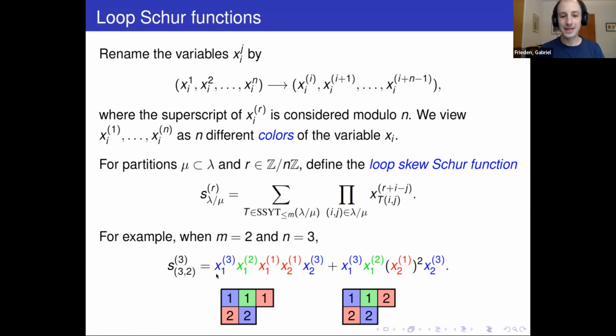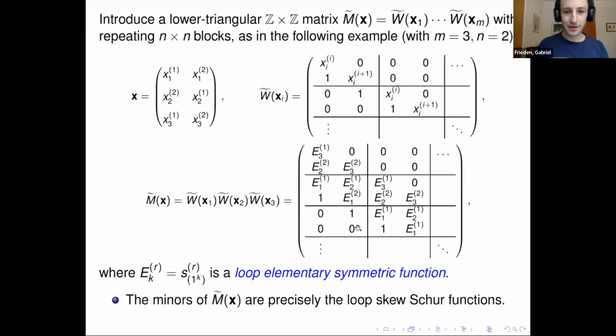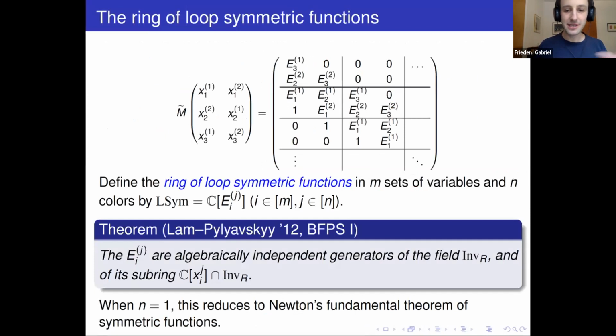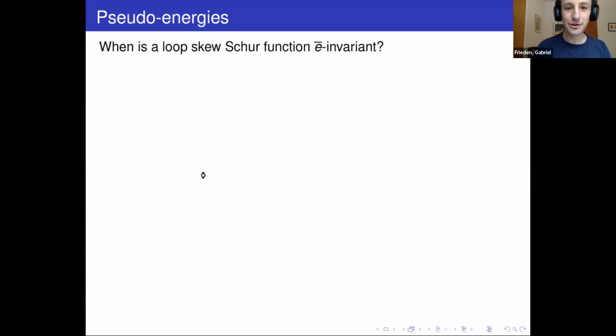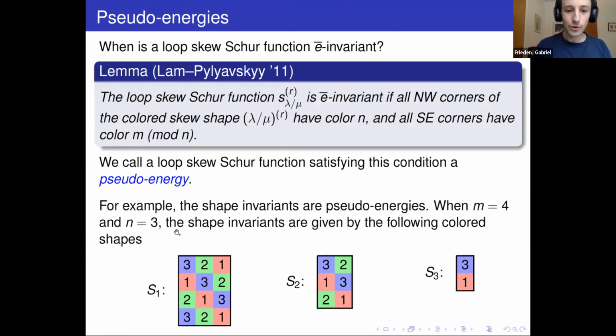So we get a more refined version of a Schur function. It turns out that these loop Schur functions are the R invariants. This was proved by Pasha Pylyavskyy. The shape invariants turn out to be these rectangular loop Schur functions corresponding to rectangular shapes like this.